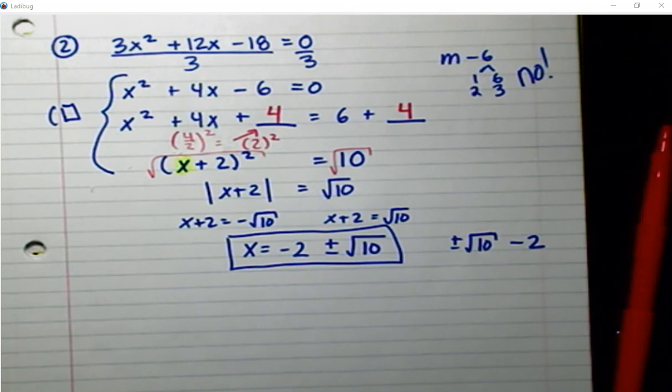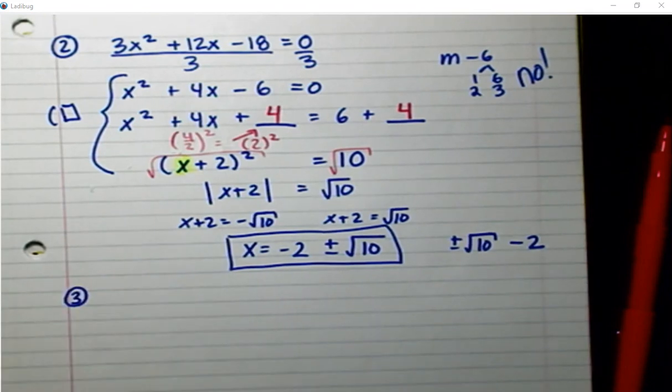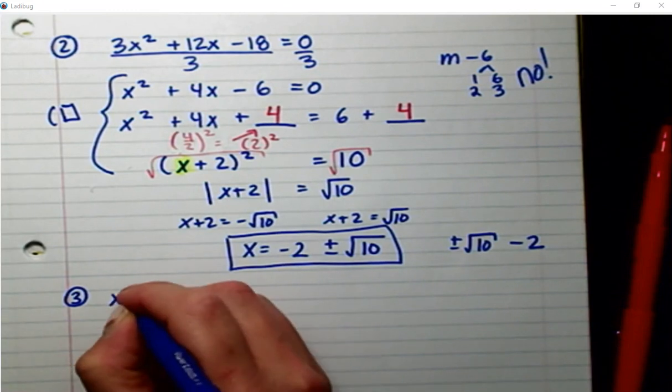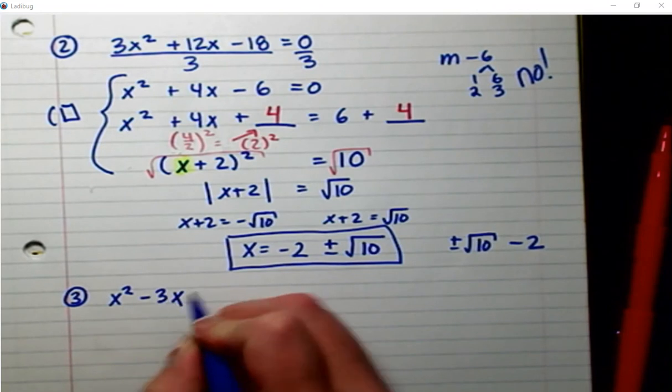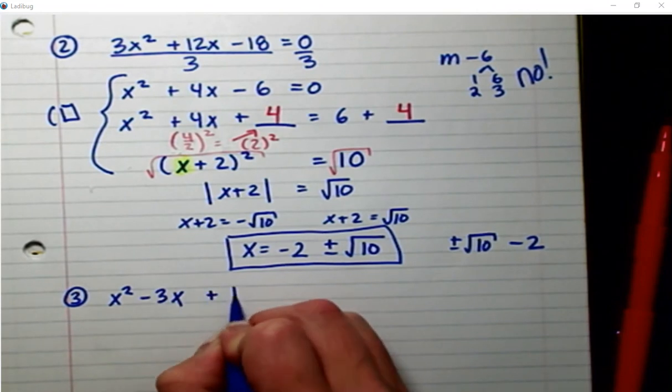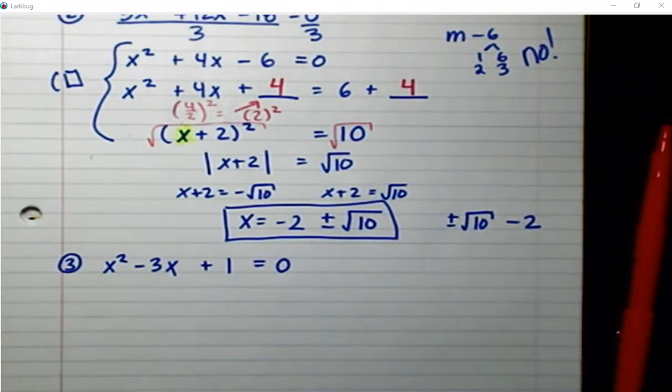All right, last one. Here we go, guys. This is it. X squared minus 3x plus 1. This is your last one.